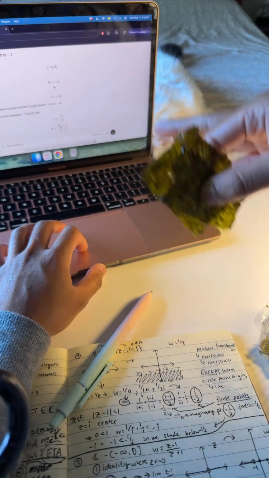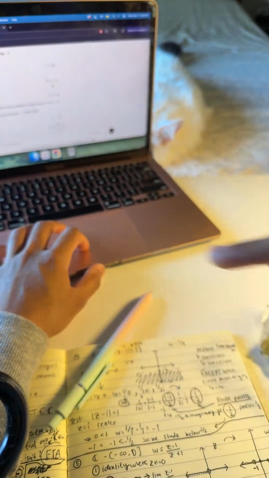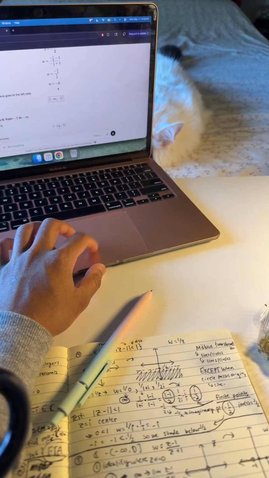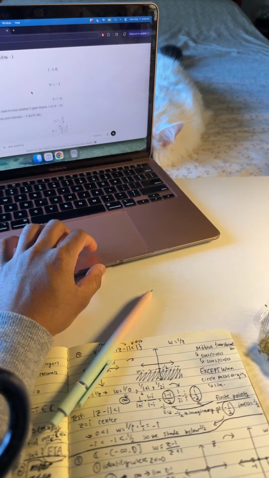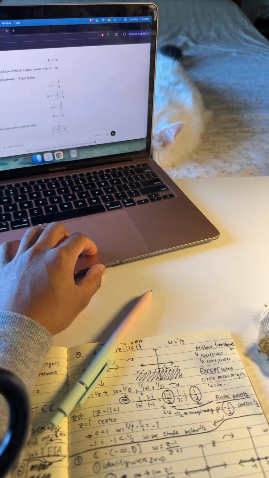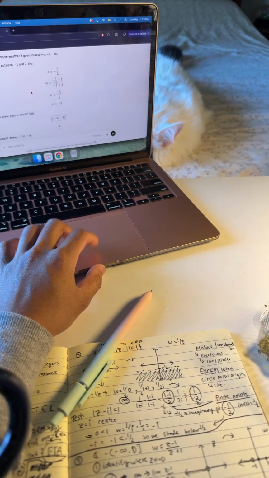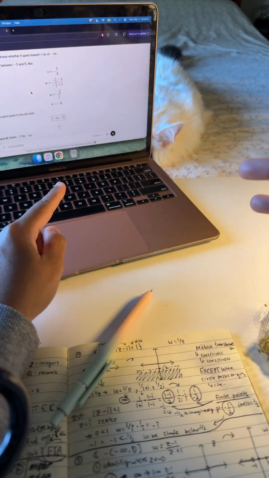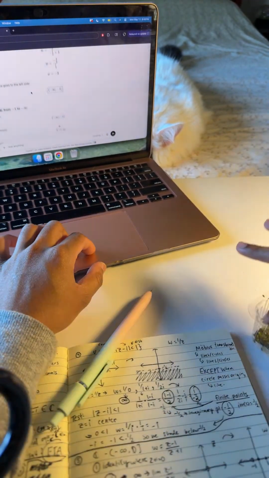So we start at -1, and then we dot it towards negative infinity. Otherwise, it would have gone from 0 to infinity.